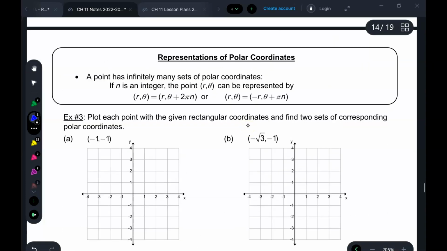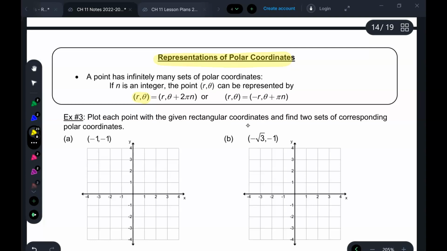Okay, now let's look at the opposite. Let's look at how we're going to change from rectangular, and rewrite it so that we have the coordinates in terms of polar.